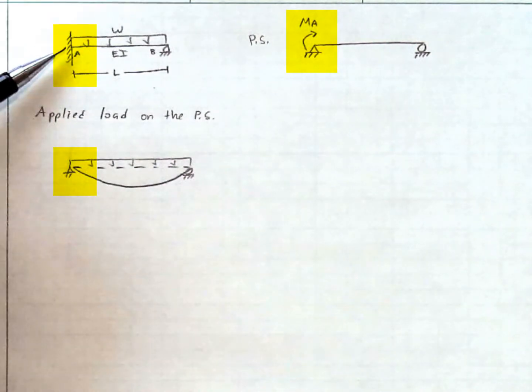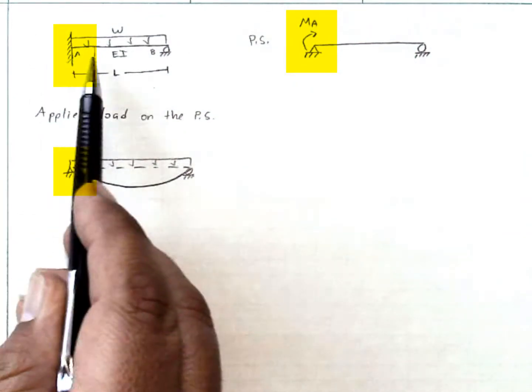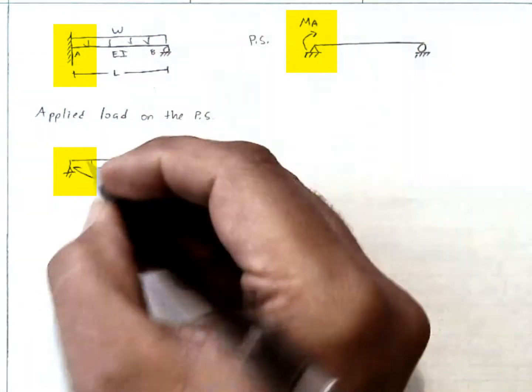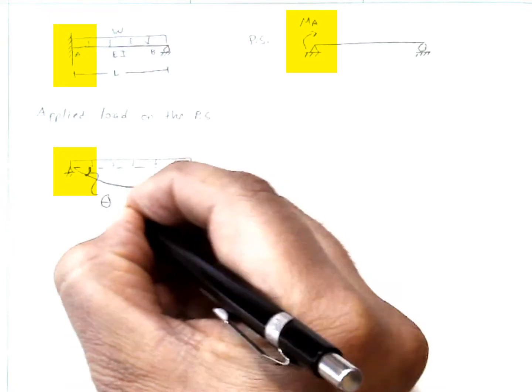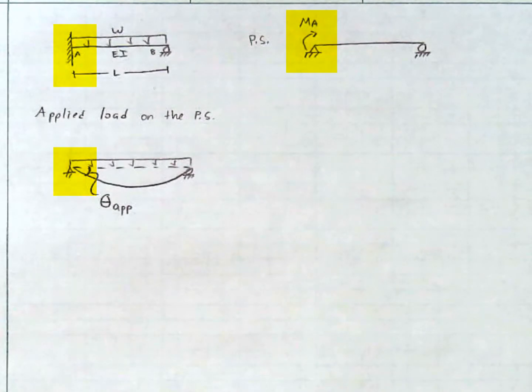The actual support should maintain a flat slope over here. On this deformed shape, the slope is decidedly not flat. We have an angle here, and this angle we're going to call theta applied. So that is the error that we've introduced by removing the fixed support to obtain the primary structure.